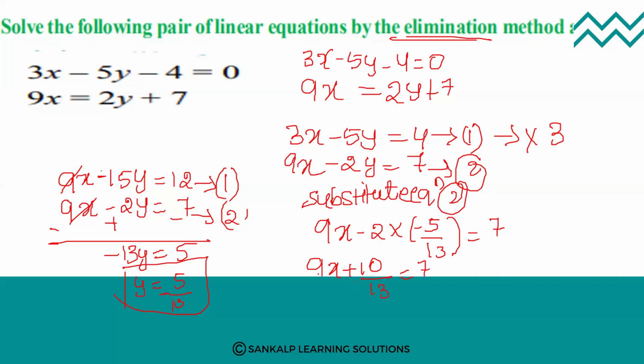So 13 into 9, 117x plus 10 divided by 13 is equal to 7. So transfer this 13 to this side. What you will get? 13 into 7. So 13 into 7 is 91. Right?